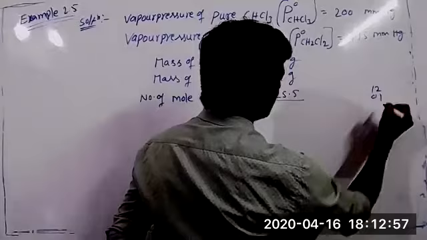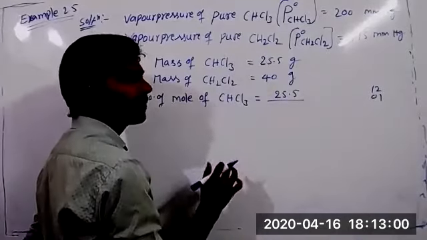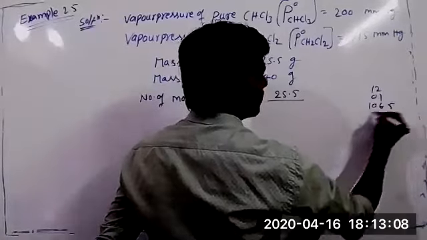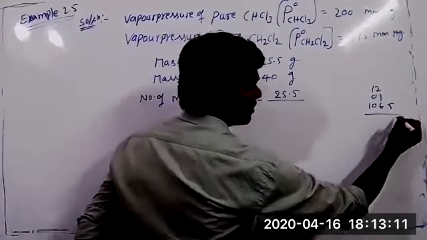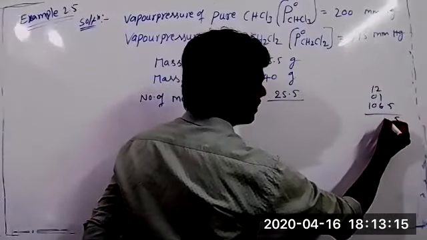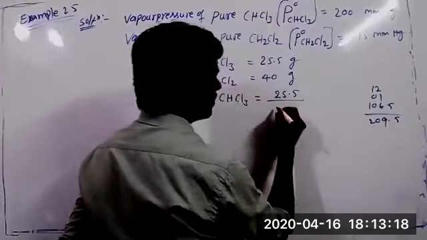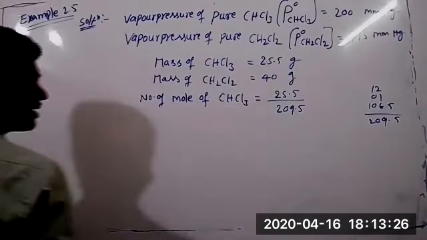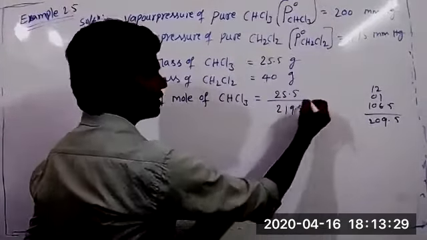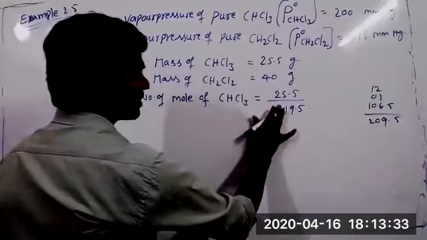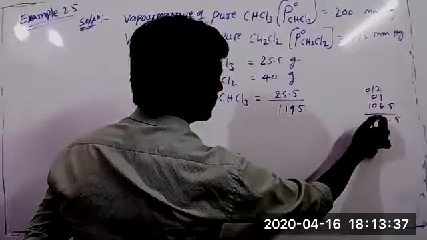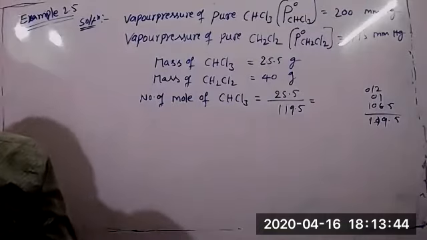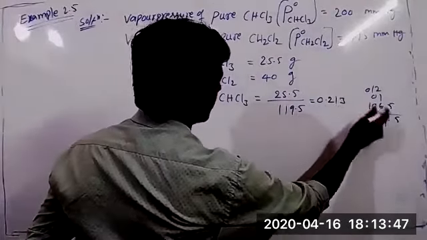CHCl3 molar mass: carbon 12, hydrogen 1, 3 chlorines, each chlorine 35.5, that is 106.5. Total 119.5. Value is 0.213 mole.